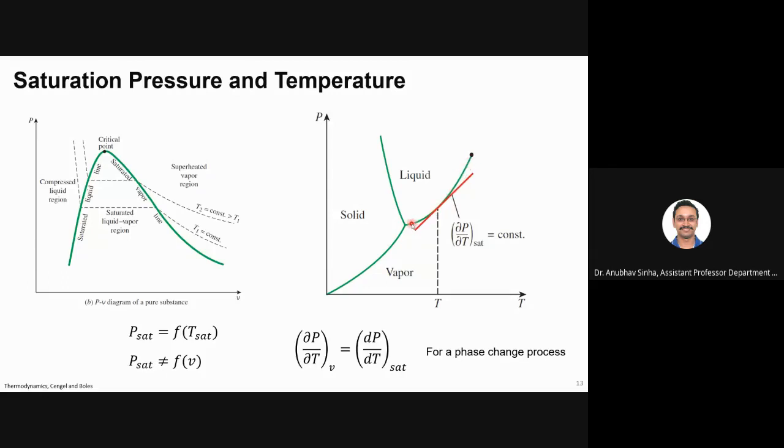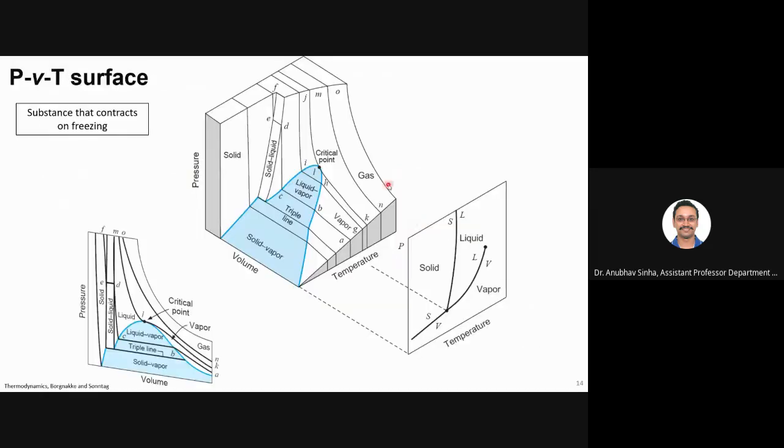To give you a clearer idea, if you look at this 3D plot or PVT surface, this is the vapor dome. We are talking about this curve. For this curve, your dP by dT remains constant, whatever volume we have.